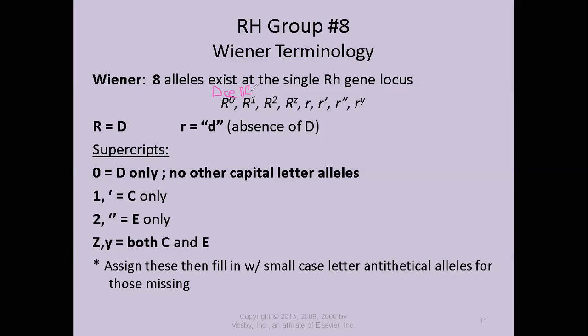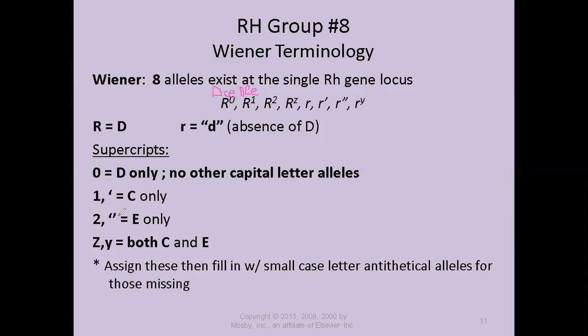And then we fill in with a little e. So you fill in with smaller case for the ones that you don't have a capital letter of. We would be getting one set of these from each parent, because we get 3 alleles from one parent.